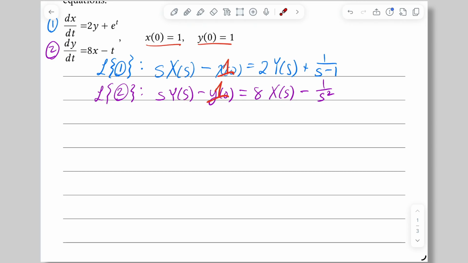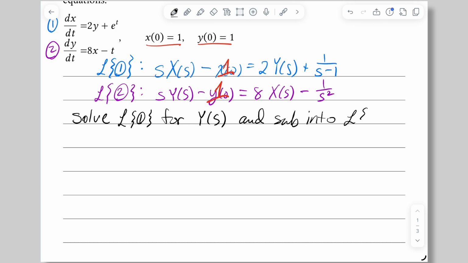Those are our unknowns. There are different paths we can take here, but what I'm going to do is solve the Laplace transform of equation 1 for Y(s), and then substitute it into the Laplace transform for equation 2.